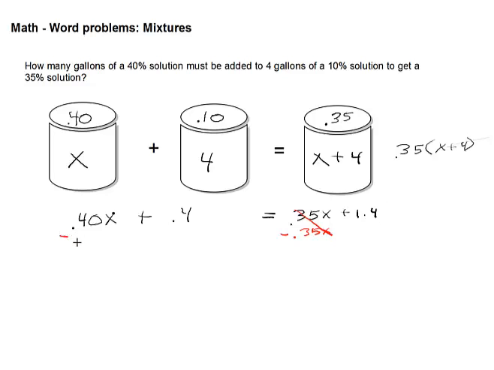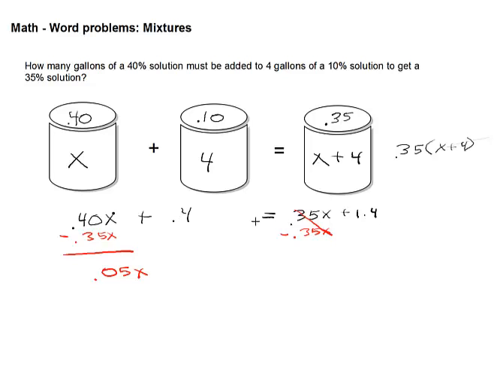So we need to subtract 0.35X on this side, which, when we subtract this, would give us 0.05X.